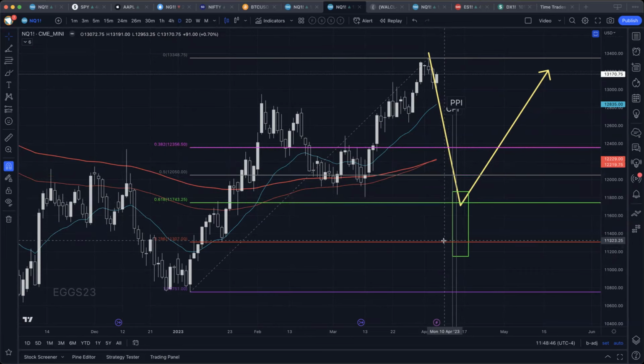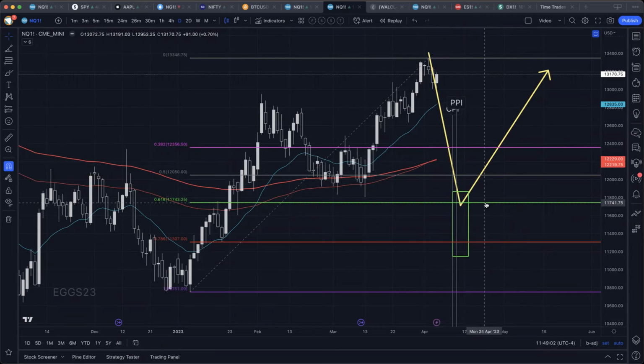Sometimes they extend all the way down to 786. But we'd be looking at this area here as a potential pullback zone for the markets in April.